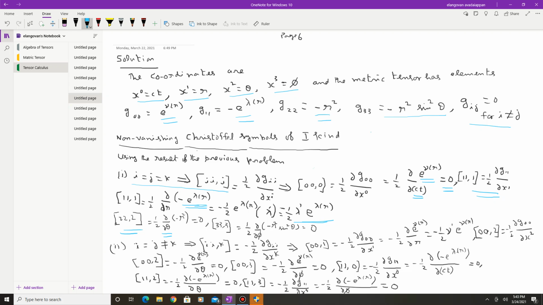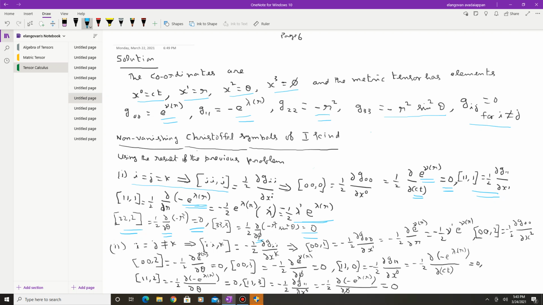You have to differentiate with respect to theta. Then [3 3, 3] is half into d by d phi, the coordinate x3 is phi, and g33 is minus r squared sine squared theta, which is independent of phi. So if we differentiate, this becomes 0. So all these non-vanishing symbols of the first kind, when i equal to j equal to k, are evaluated. Now let us go to the second case.